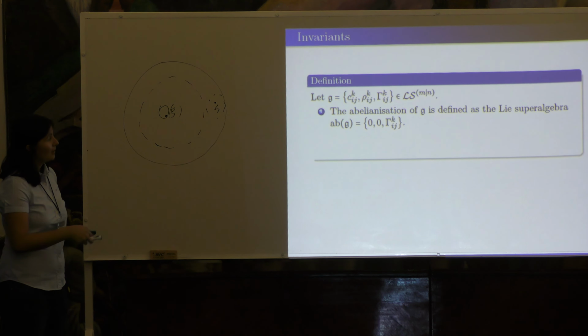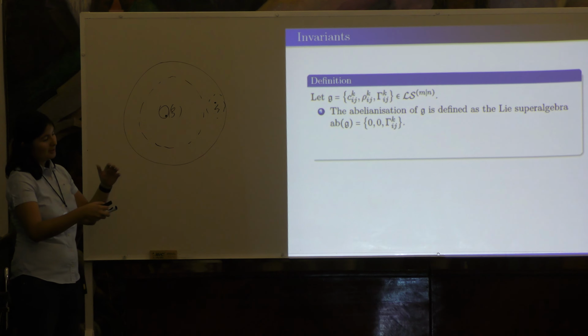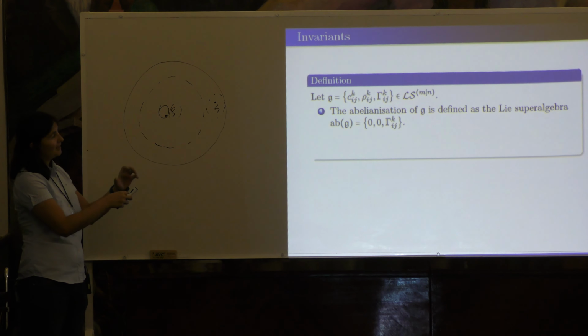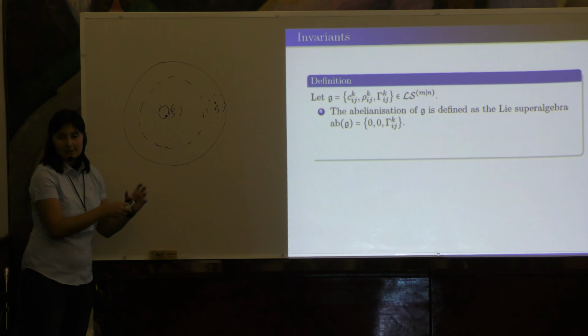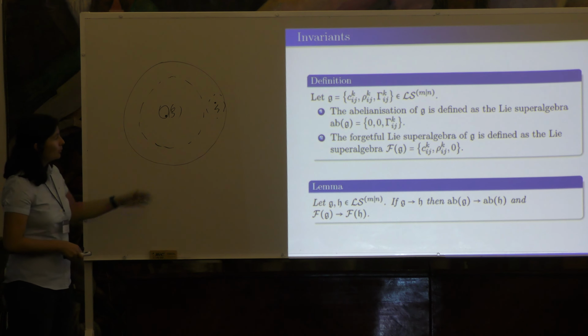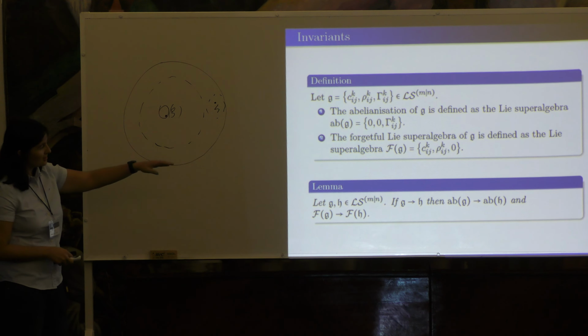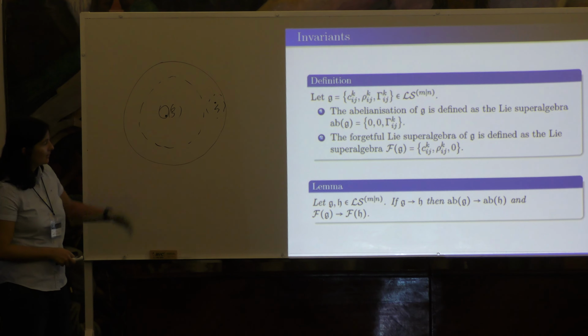We define a Lie superalgebra called the abelianization, in which we keep only the commutative part, only the abelian Lie superalgebra, and we define the forgetful Lie superalgebra, in which we annihilate the gamma part.